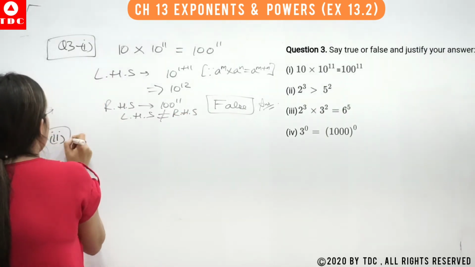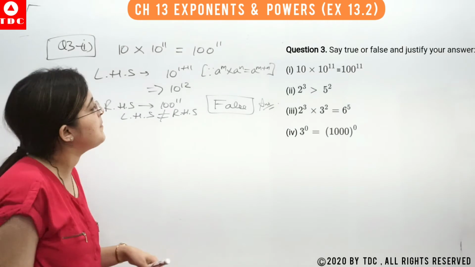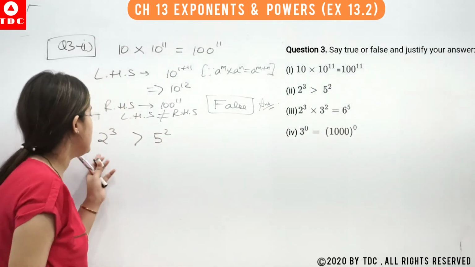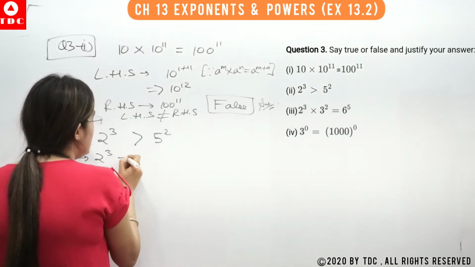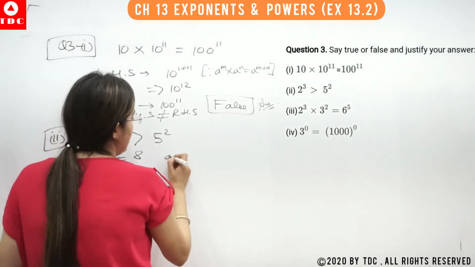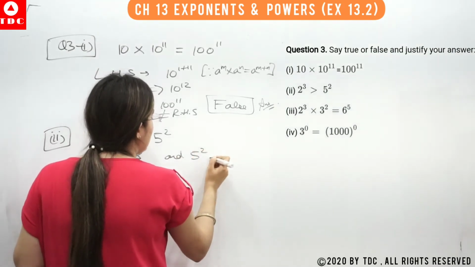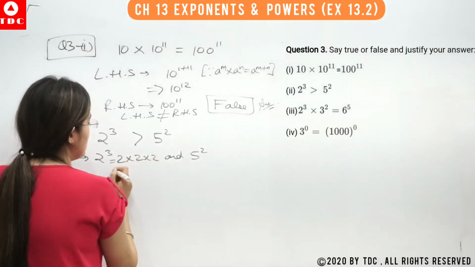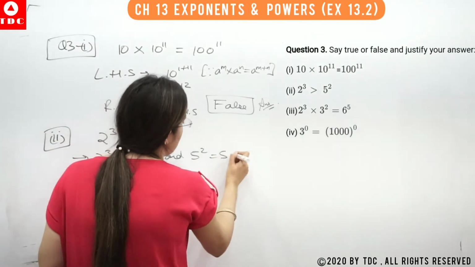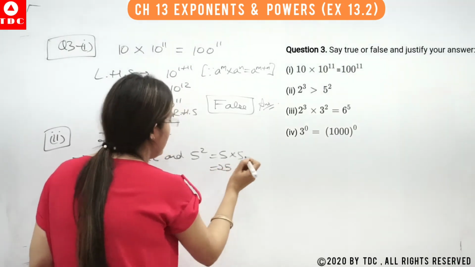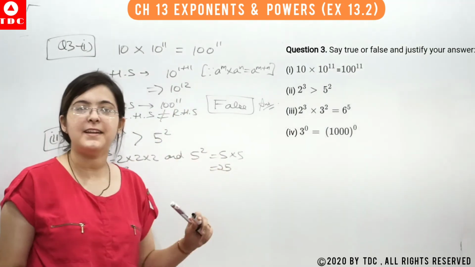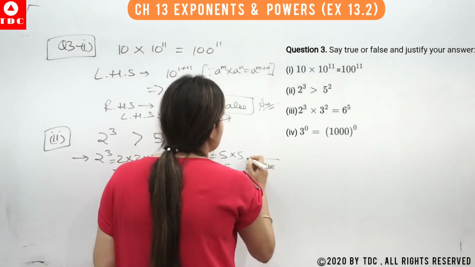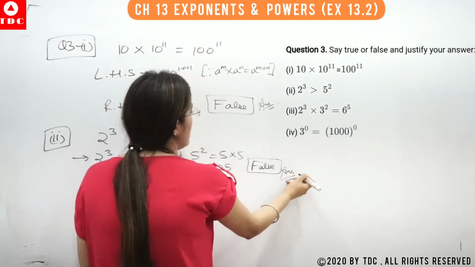Solve this. 2 to the power 3 is 2 into 2 into 2, that means 8, and 5 to the power 2 means 25. It is given that 8 is greater than 25. It's not true. So the answer is false. This is your second one.